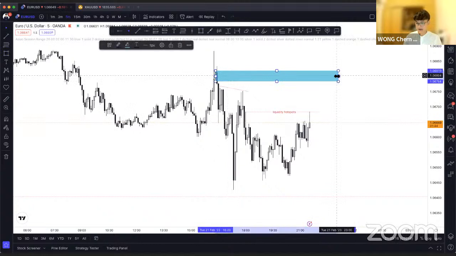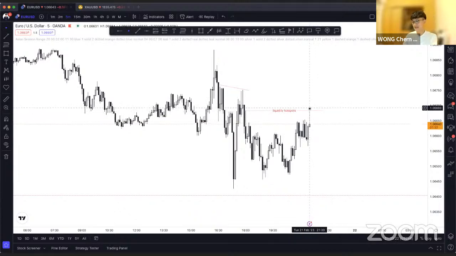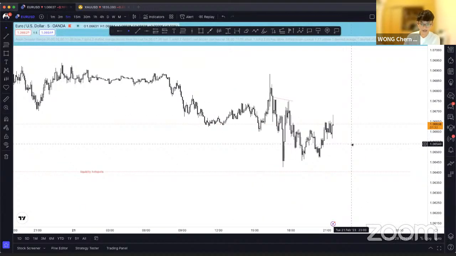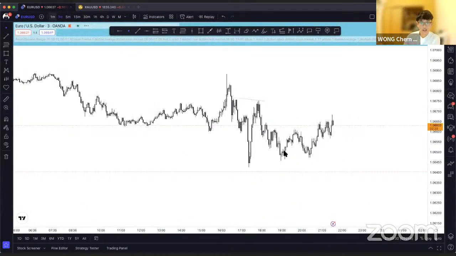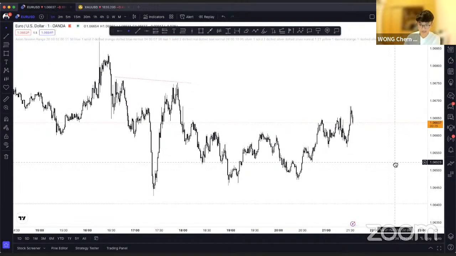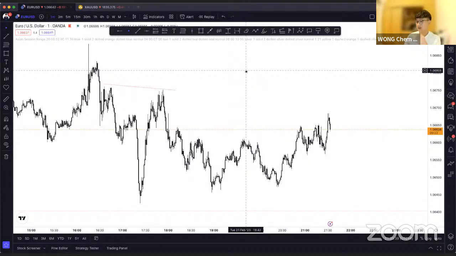However, if you look at the current market, price is currently rejecting off this area here that I've marked out as the liquidity hotspot. We are seeing some quick rejections of that area. So for me to look for some kind of short entries, I will want to see a change of market character. Let me explain what I mean.